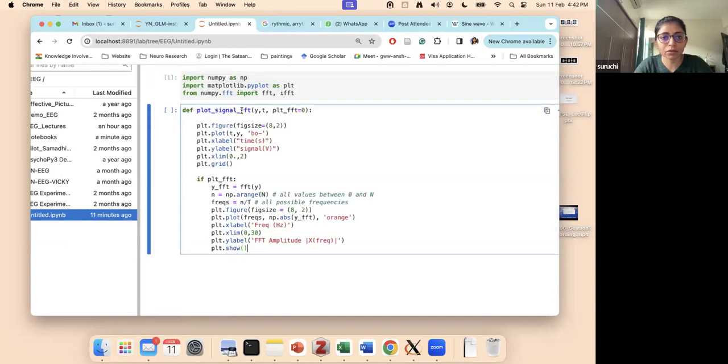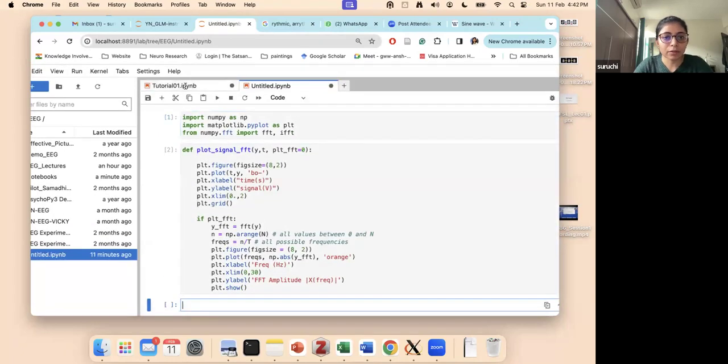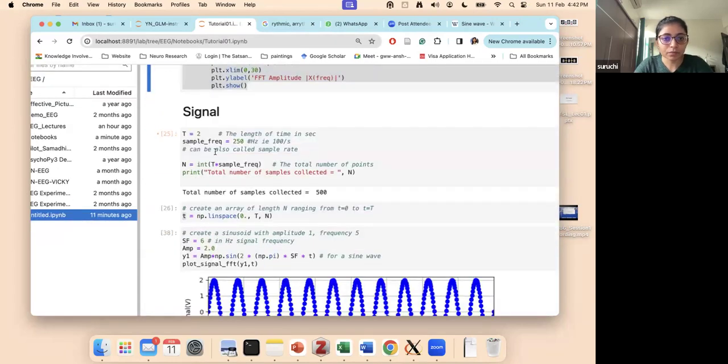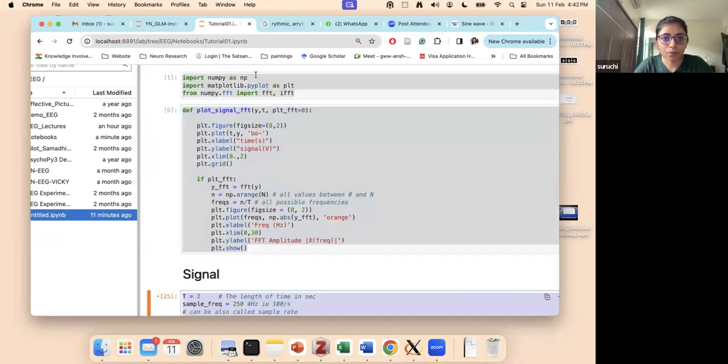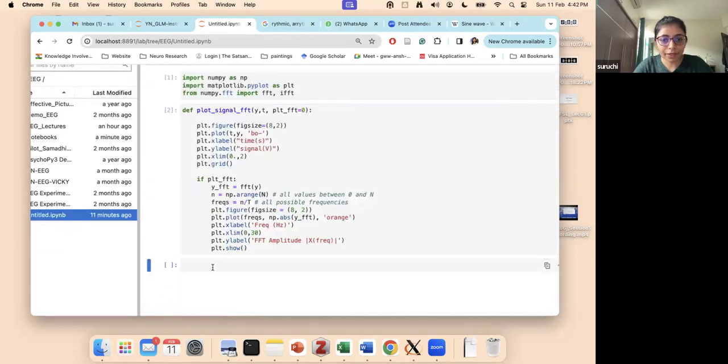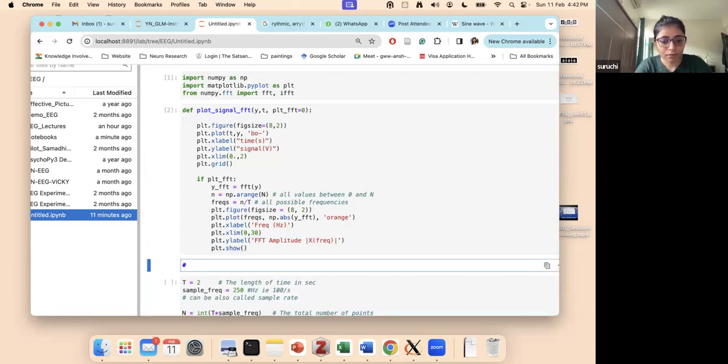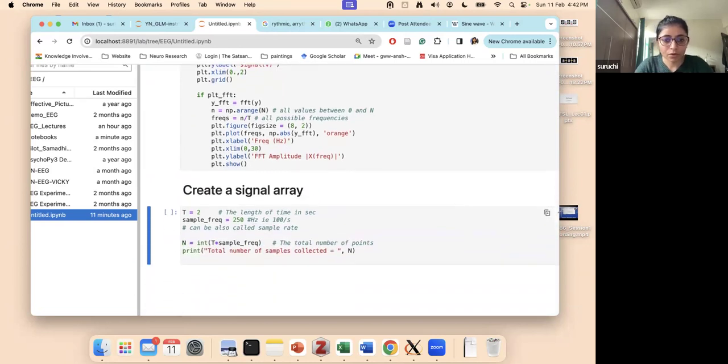I don't want to send you this. It will be confusing. And I'll write some things for you. Sampling rate can also be called sample rate or sampling frequency. You can take notes in Jupyter Notebook, by the way.